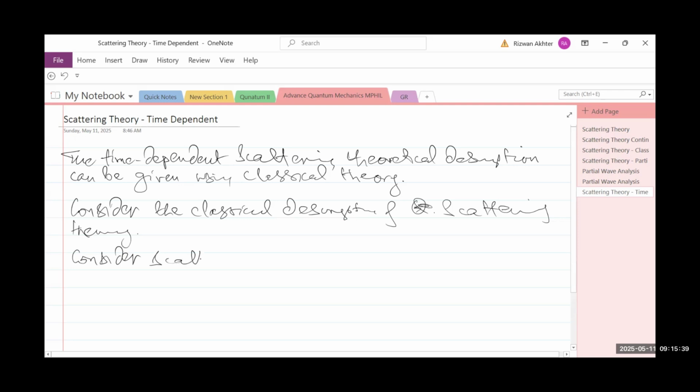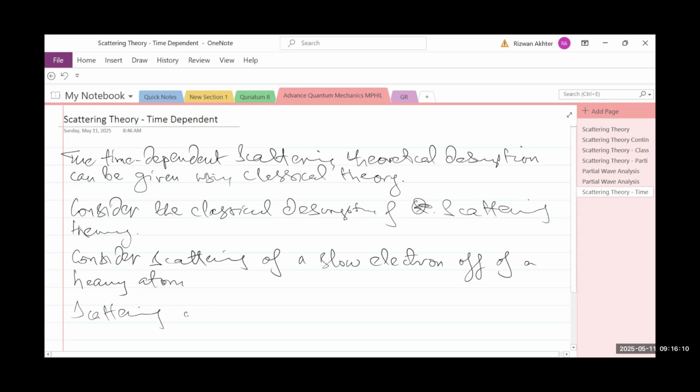So let's say we consider scattering of an electron, a slow electron rather, off a heavy atom, and this is scattering of an electron by some fixed atom.